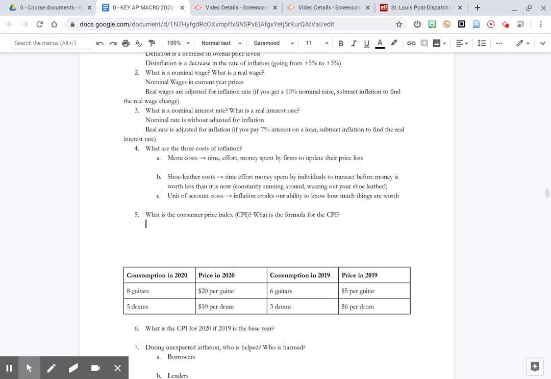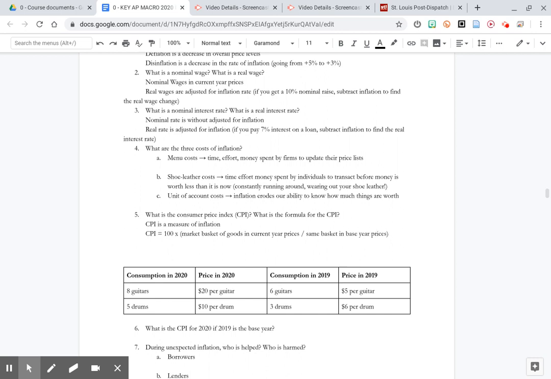CPI is a measure of inflation, and specifically one that focuses on how consumers are affected. We call it the Consumer Price Index because it's primarily made up of goods and services that consumers buy. CPI is equal to 100 times a market basket of goods in current year prices divided by the same basket in base year prices.